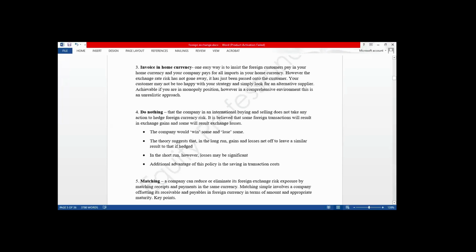A company can decide to do nothing. You can decide not to protect yourself against foreign currency risk.